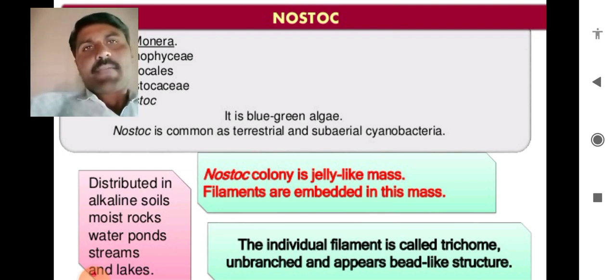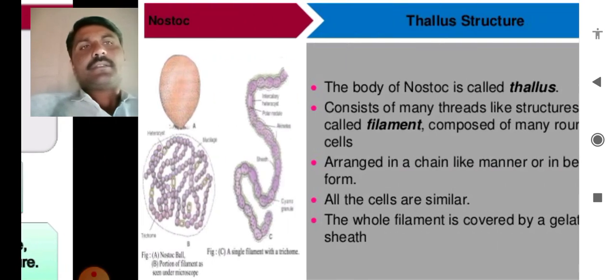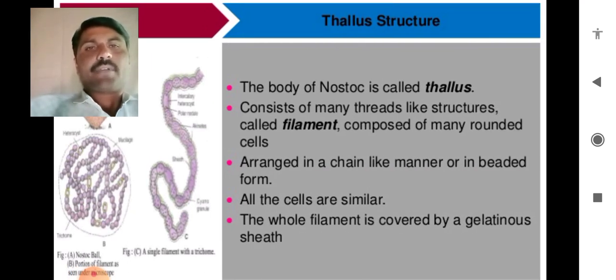When we collect a sample of this Nostoc filament and remove an individual thread from this mass, such a filament is called a trichome. These filaments are unbranched and seem to be a bed-like structure.